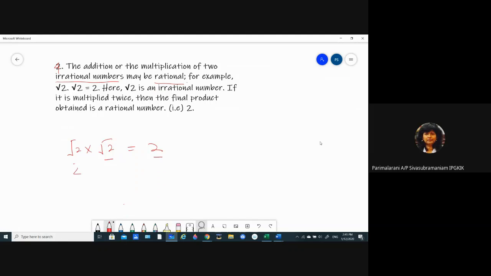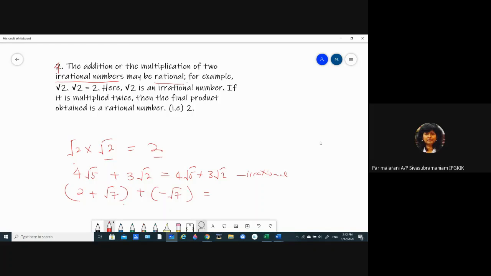Another example, 4 root 5 plus 3 square root 2 stays the same, because we cannot add these, so this is an irrational number. Or if we have 2 plus root 7, plus negative root 7, they are both irrational numbers.